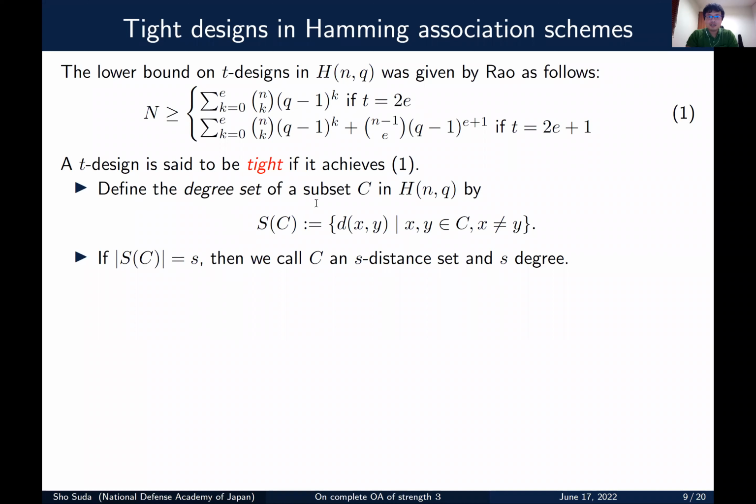The degree set is defined for a subset C in the Hamming scheme, and is denoted by S(C), which consists of the Hamming distances between any distinct vectors in the subset C. And if its size is equal to s, we call the subset C an s-distance set, and also we call s the degree.